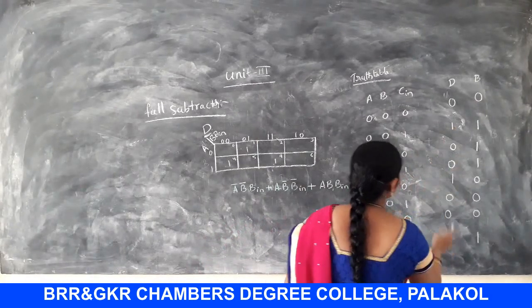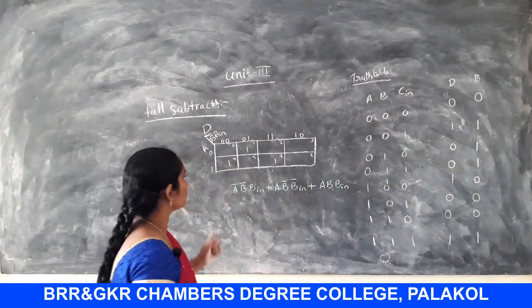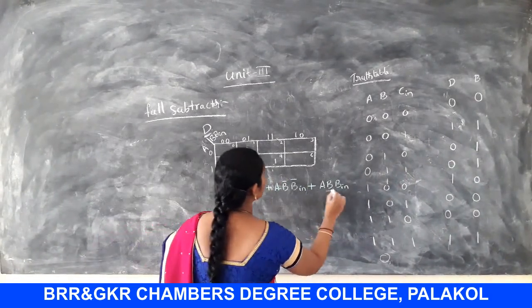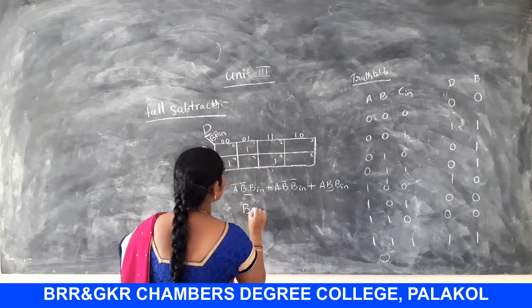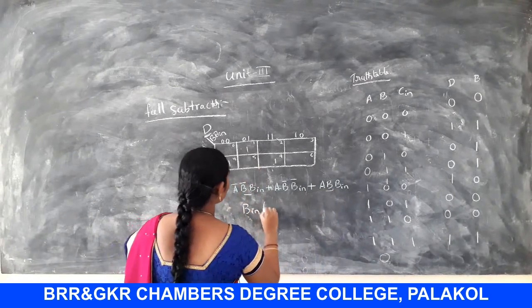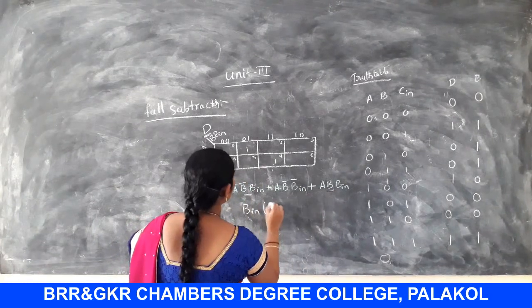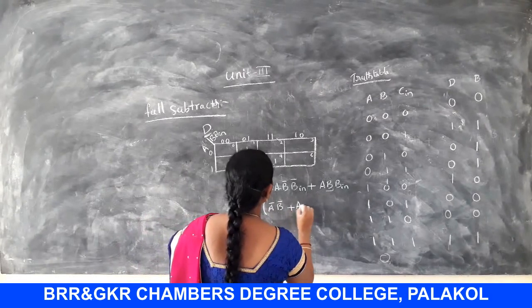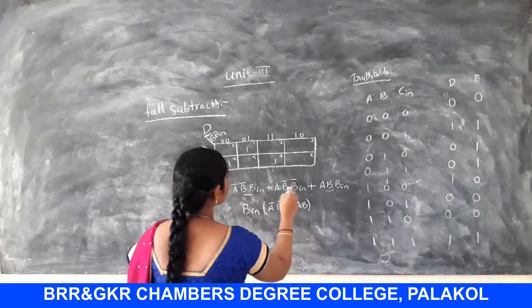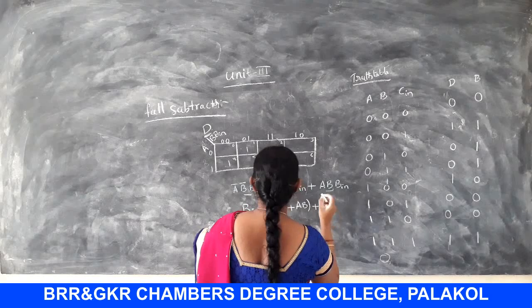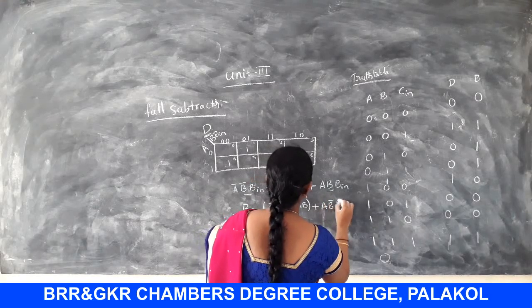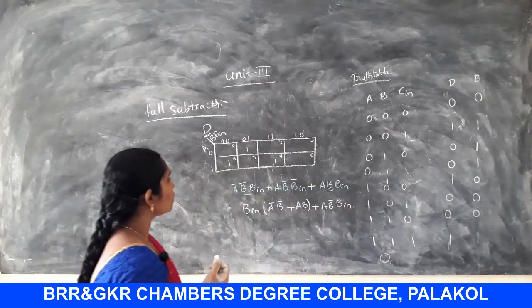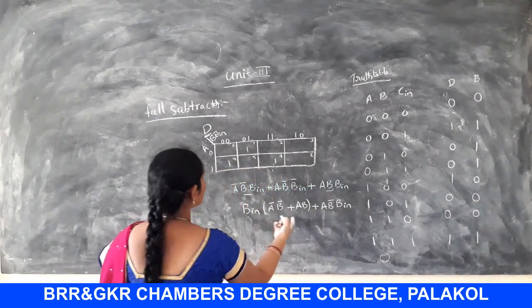So there are 3 expressions. Here we have to take B in common from this one and this one. So this is B in times A bar B bar plus AB, and for this one plus A B bar B in bar.